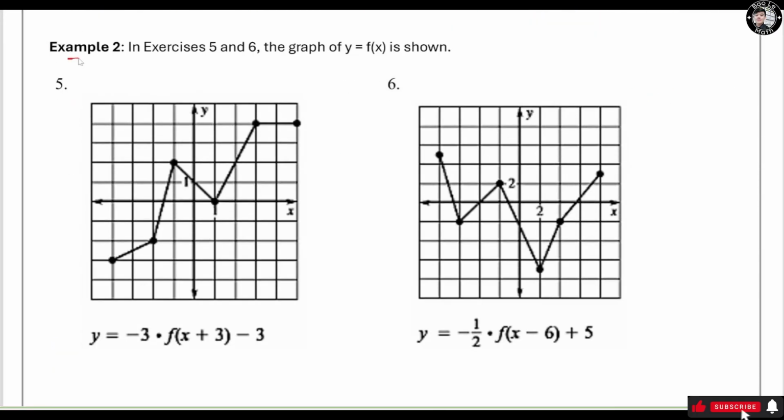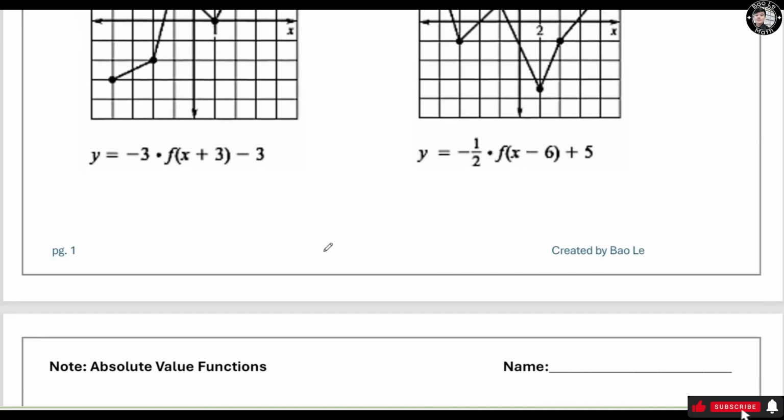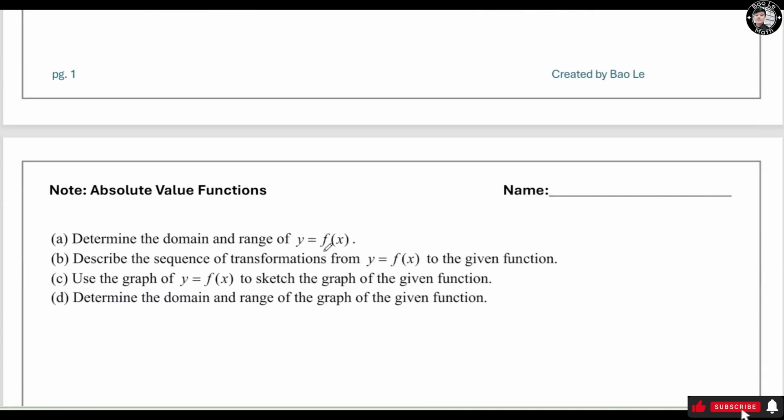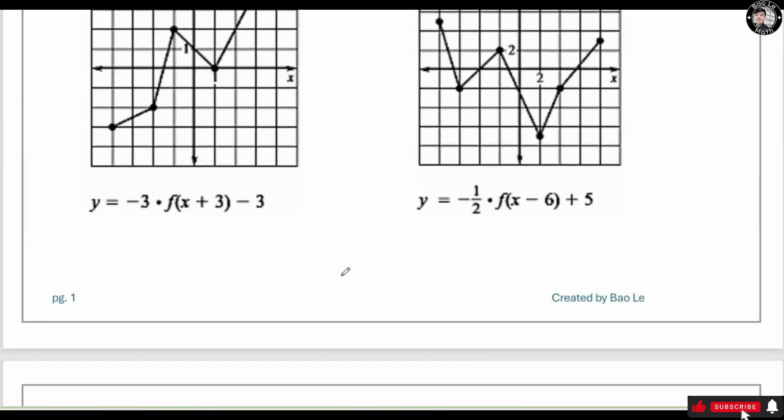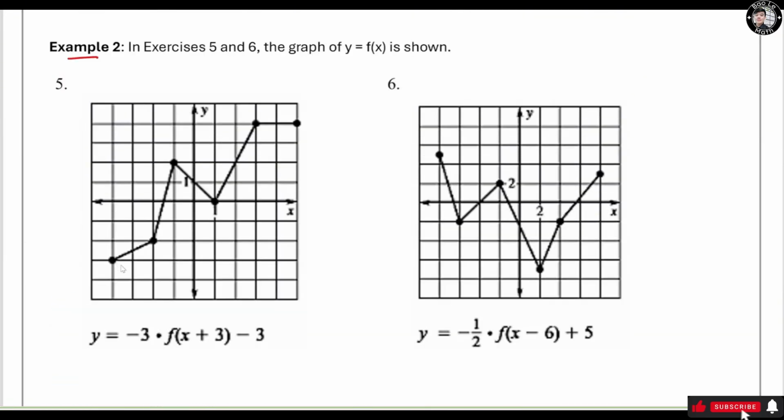Now example number 2. In exercises 5 and 6, the graph of y equals f of s is shown. Question A. Determine the domain and range of the function y equals f of s. So the domain is going to be from here to here, right? And the range is going to be from here to here, right?